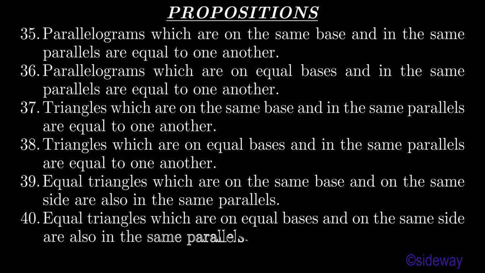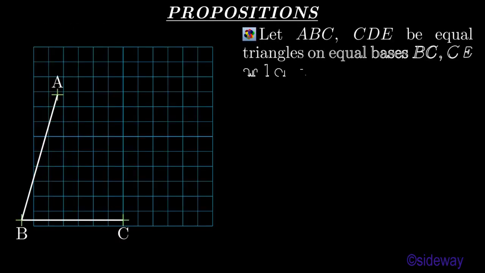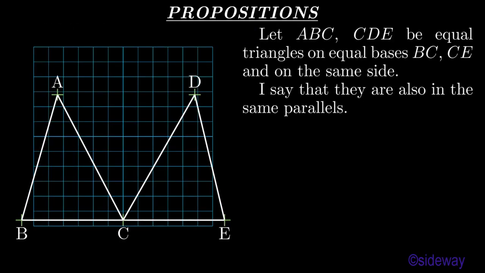Proposition 40. Equal triangles which are on equal bases and on the same side are also in the same parallels. Let ABC, CDE be equal triangles on equal bases BC, CE and on the same side. I say that they are also in the same parallels.